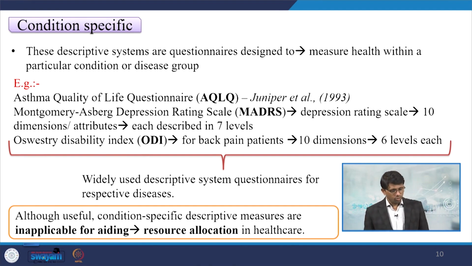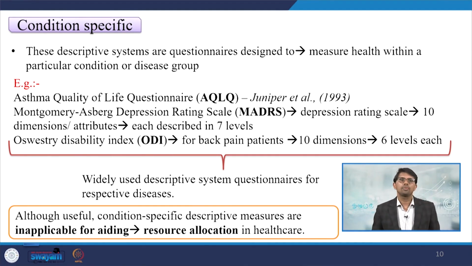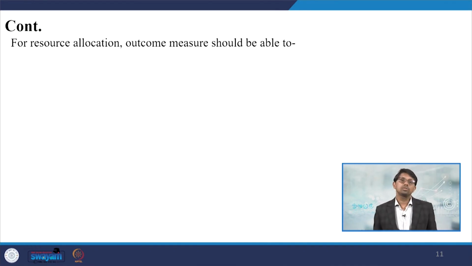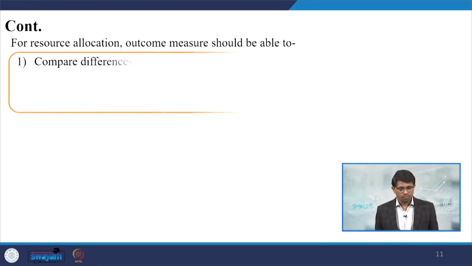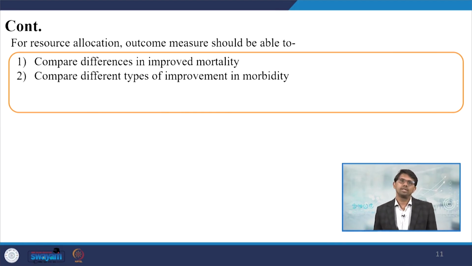Although these are useful, condition specific descriptive measures are inapplicable for aiding resource allocation, especially in healthcare. For resource allocation, outcome measures should be able to compare the differences in improved mortality and compare different types of improvement in morbidity.